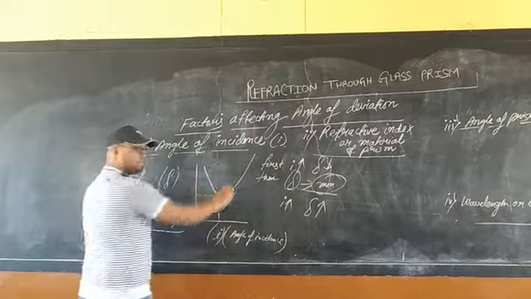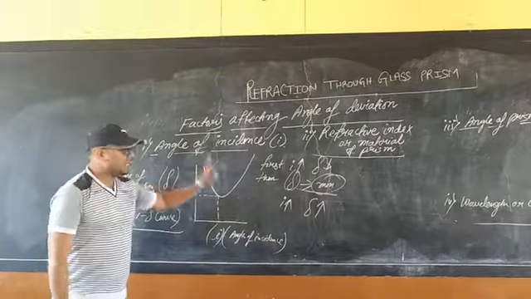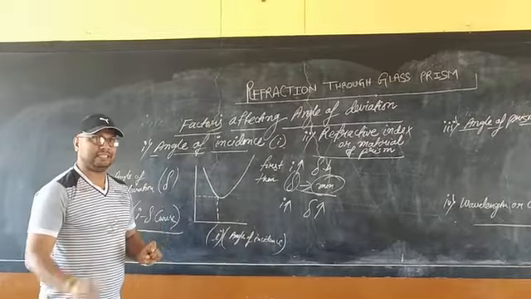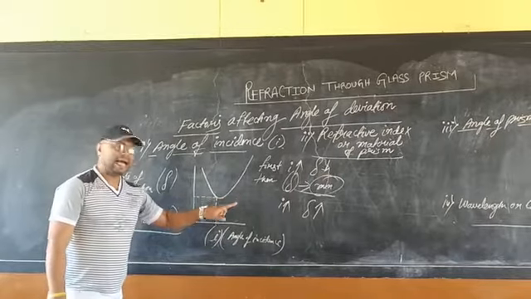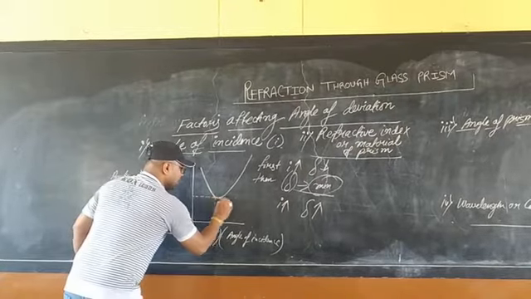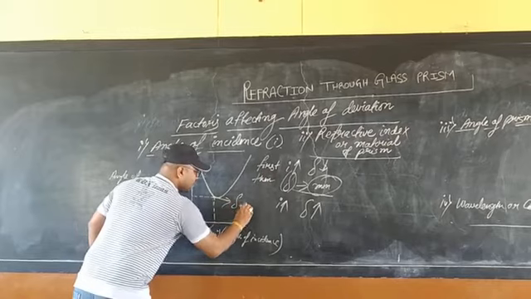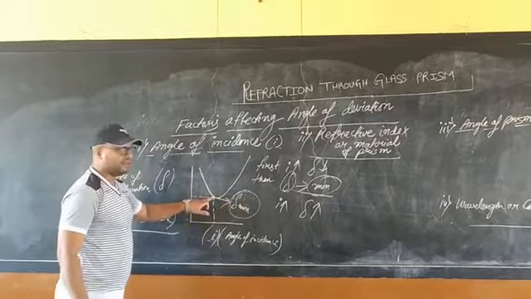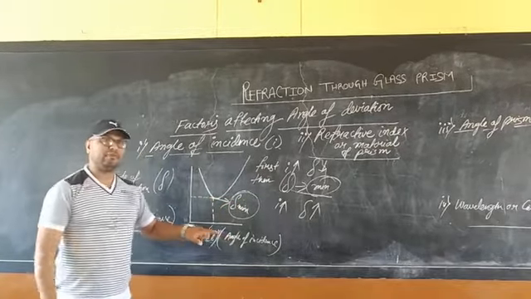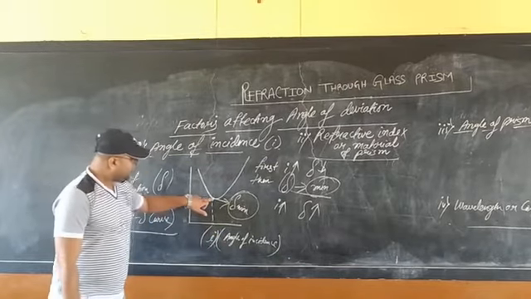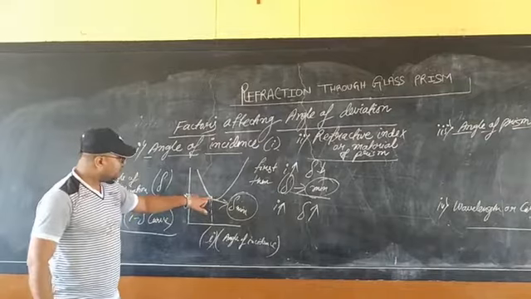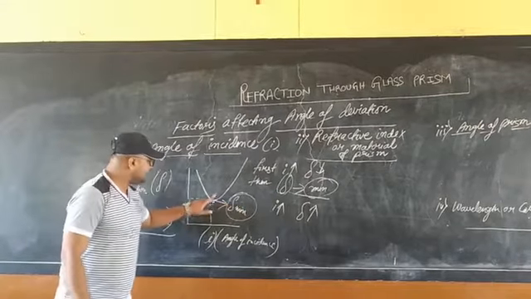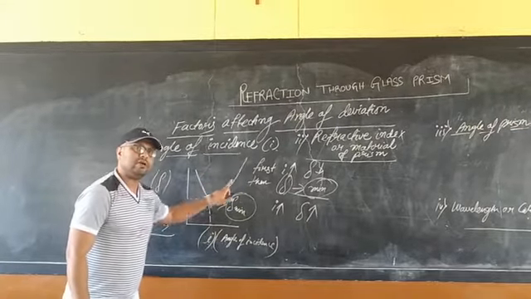Can you see this one? Once again, students, with the increase of angle of incidence, in the beginning the angle of deviation decreases. And it gets a minimum value, the minimum angle of deviation, after which, as the angle of incidence increases, delta also increases.